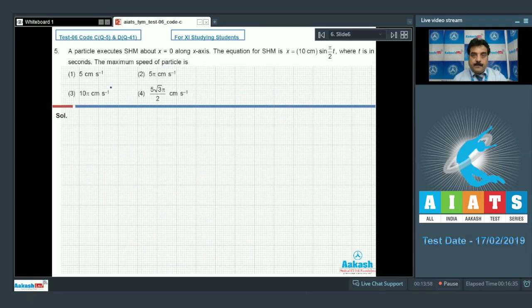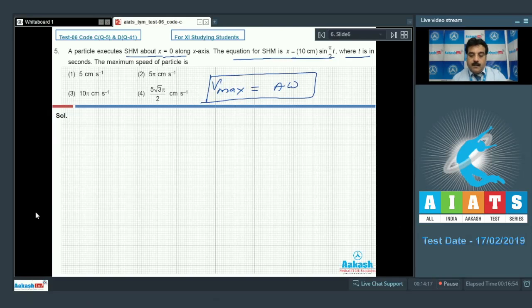In problem number 5, a particle executes simple harmonic motion about x equals 0 along the x-axis. The equation of SHM is this, where t is time. Find the maximum speed of the particle. You know, if you are looking to find the maximum speed, then the formula is amplitude into angular velocity, a omega. So for this question, I need only two things: one is amplitude, another is omega.